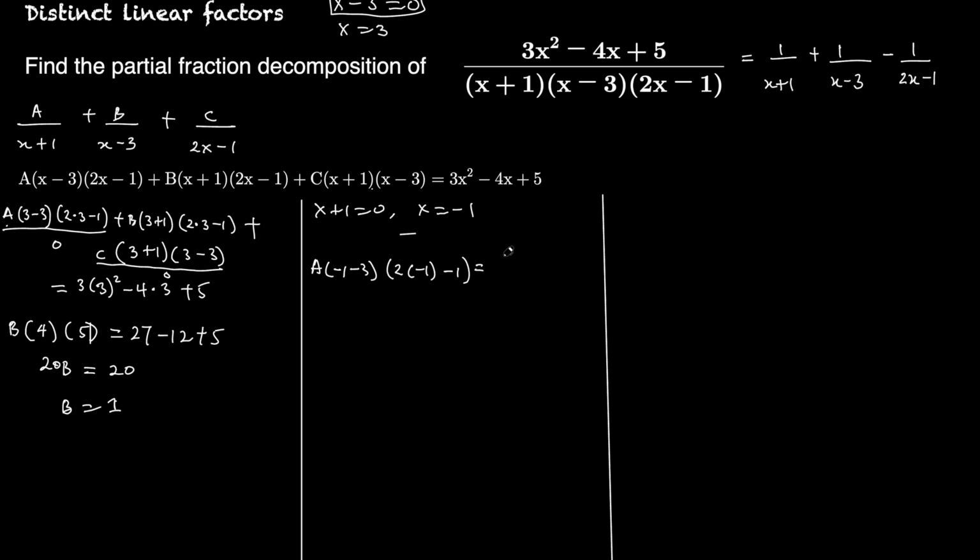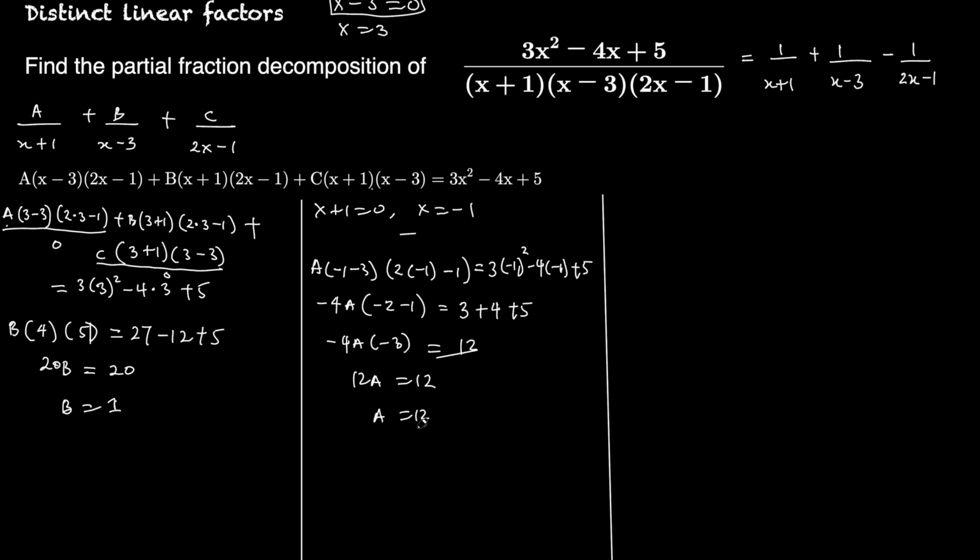So this equals 3 times -1 squared minus 4 times -1 plus 5. So we have here -4a times -2 minus 1. This equals 3, because -1 squared is 1, so plus 4 plus 5. So -4a times -3 equals 12. So this is 12a equals 12, and so a equals 12 divided by 12, a equals 1.